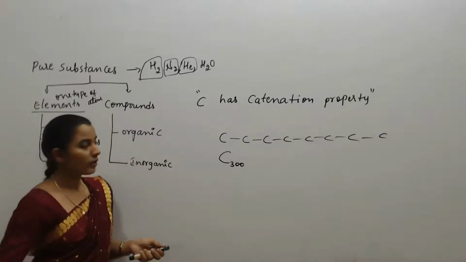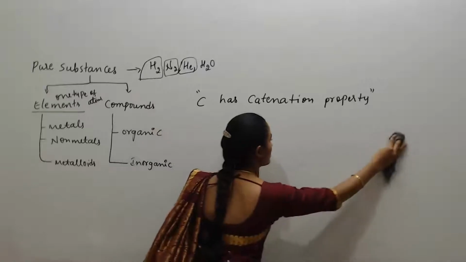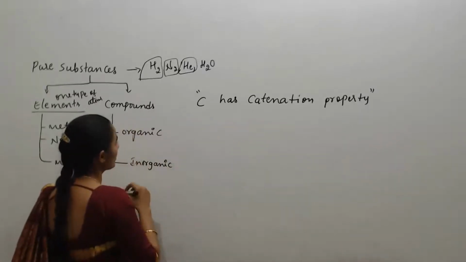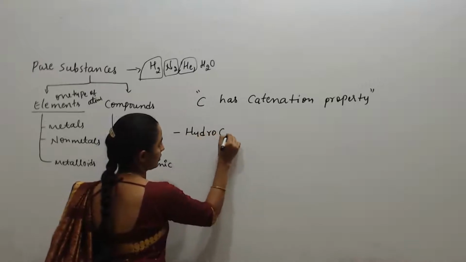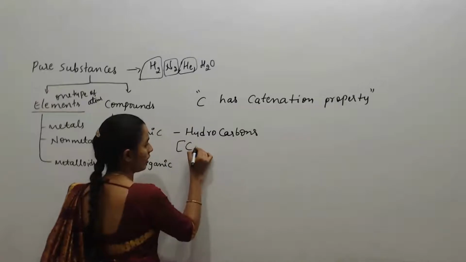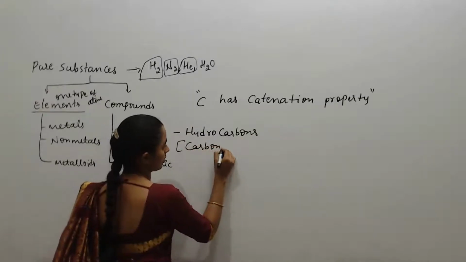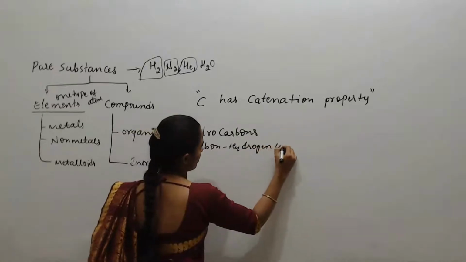So that's why organic compounds means carbon and its compounds. Alright, organic compounds are nothing but hydrocarbons, carbon and hydrogen compounds.